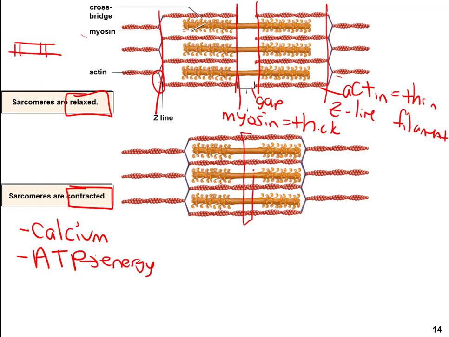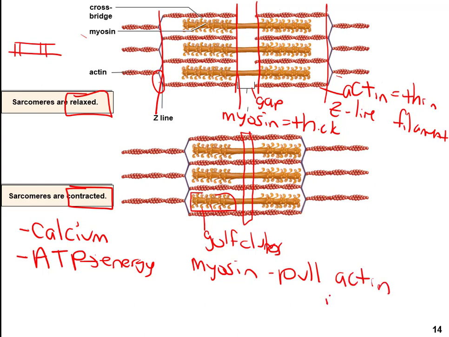The way the actin comes together, if you look at the myosin here, I like to say it has these little golf clubs hanging off of it. What's going to happen during a contraction is myosin is going to use its little golf clubs to pull actin in. So this myosin on this end and this myosin on this end are going to pull the actins together toward the middle during a muscle contraction.